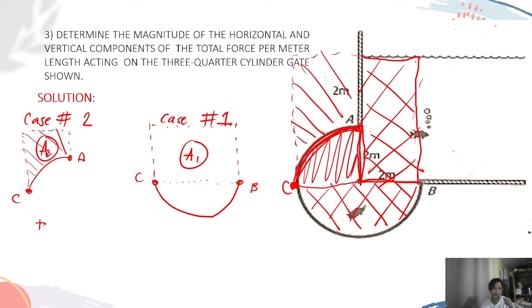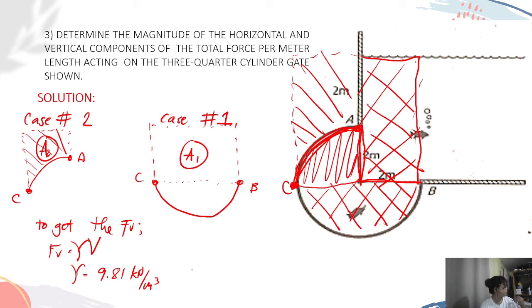So, to get the FV, we have to know FV is equal to gamma V, right? Where gamma is automatically 9.81 kilonewton per cubic meter. So, that is the unit weight of the water. And then, to get the volume now is equal to the length, per meter length, multiplied by A1 minus A2.